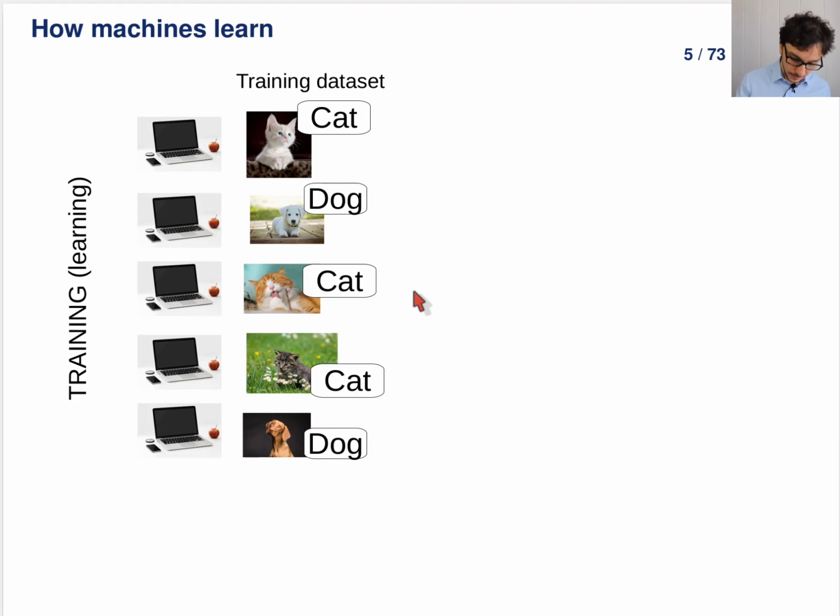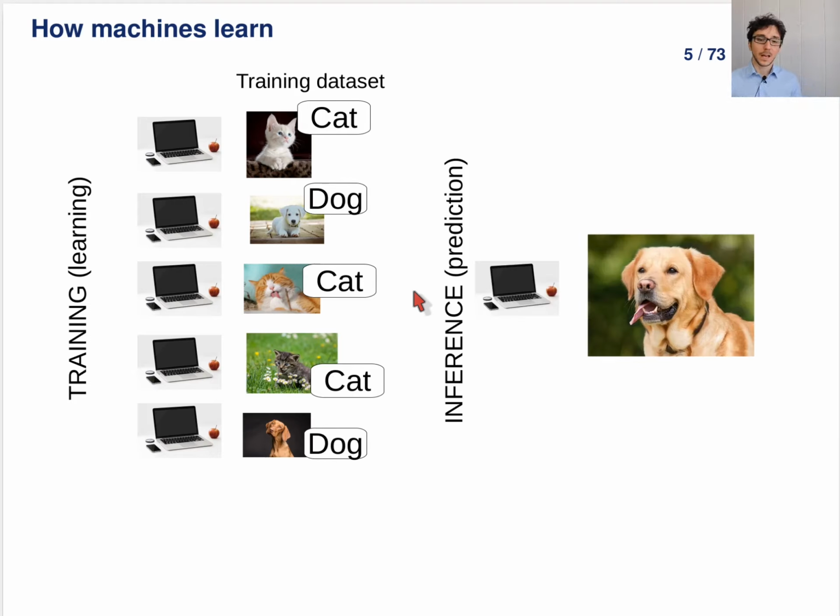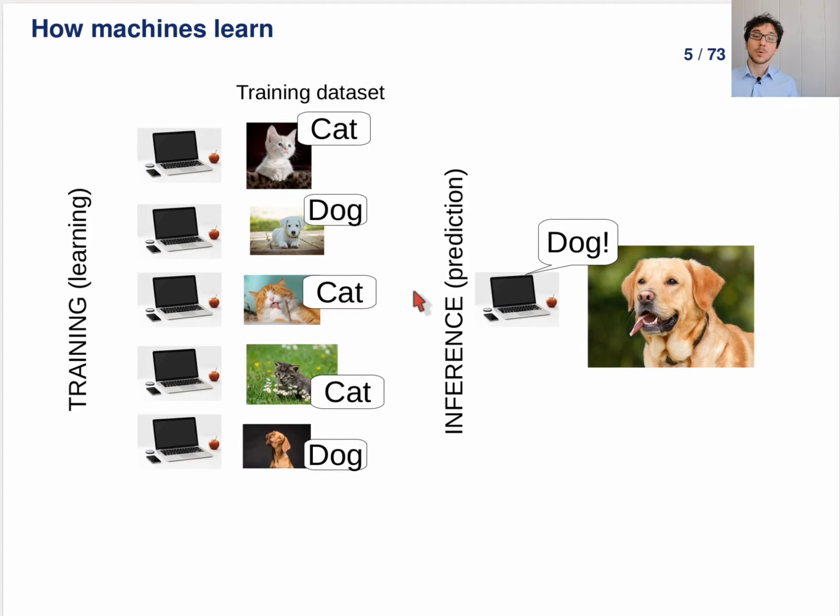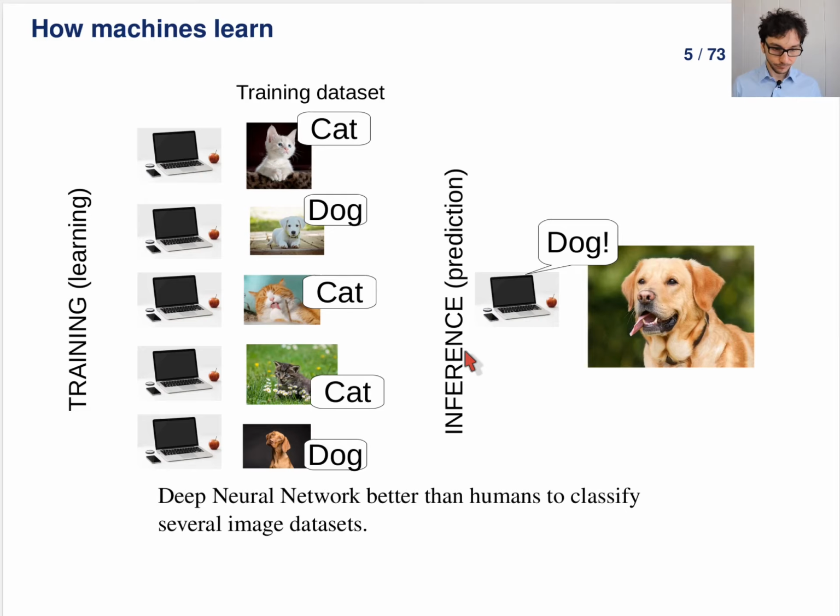We give this dataset in input to the algorithm, and the algorithm at the end, with the mathematics that we will see, is able to infer the label of a new example that it didn't see before. So we first need a process of training, ingesting labeled examples, and then we can do inference, also called prediction.